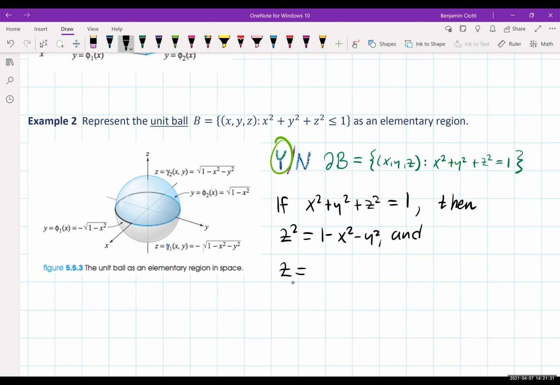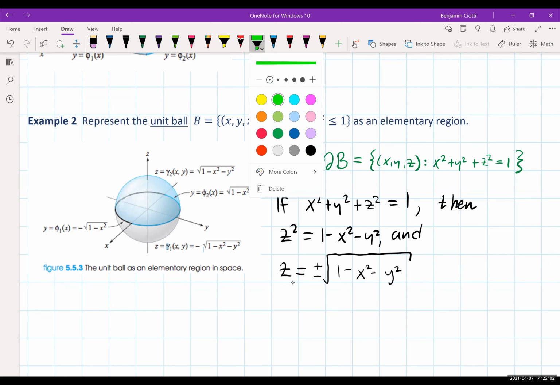And z will be, if I take the square root, and I should never forget the plus or minus, plus or minus the square root of 1 minus x squared minus y squared. That gives me two functions on the boundary of the unit ball. The plus corresponds to the function on top.